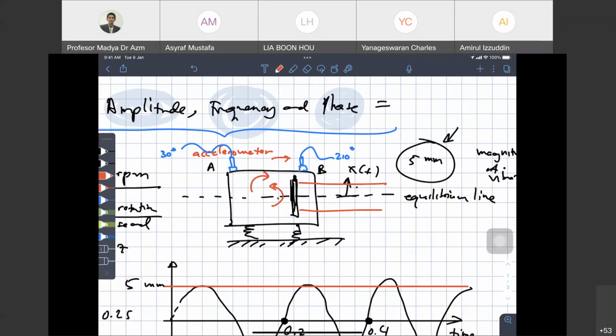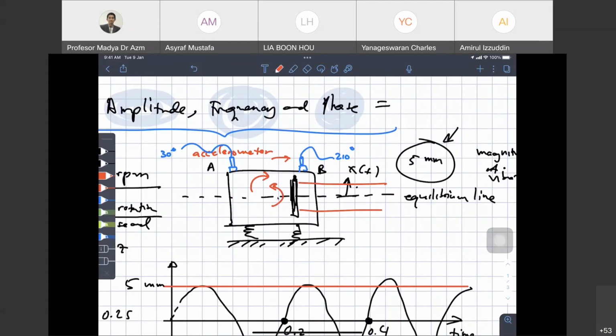So this is the importance of the phase. You have to know the behavior. So what is the importance of knowing the behavior? Because we can know what the problem is. If the machine is rocking, there is some function of the machine which is not properly working, and that causes the machine to rock.